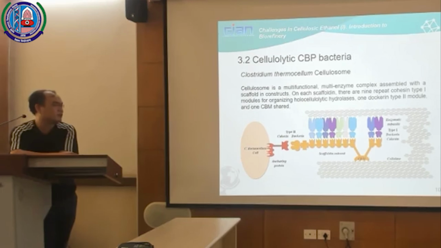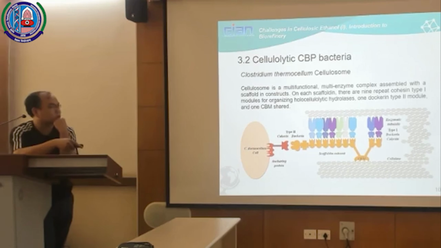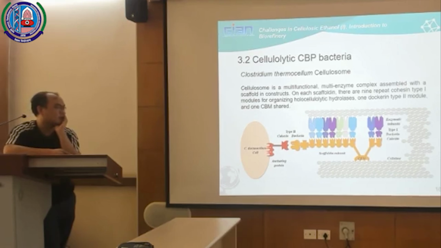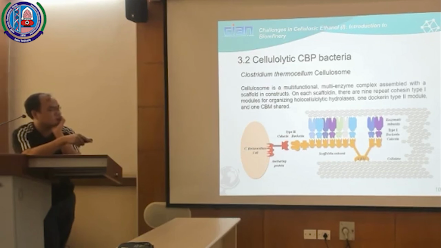Here I showed the structure of the cellulosome produced by the Clostridium. The cellulosome is a multifunctional, multi-enzyme complex. On each scaffolding, there are 9 repeated type 1 cohesins. Type 1 connects the scaffolding with the enzyme. There are 9.